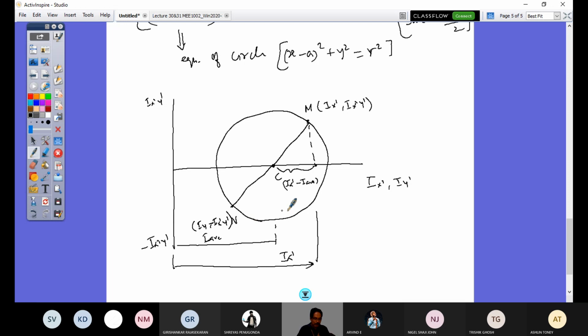And this portion would be Ix dash y dash. So now you could see (Ix dash minus I average) squared plus (Ix dash y dash) squared is this radius, that is r squared.